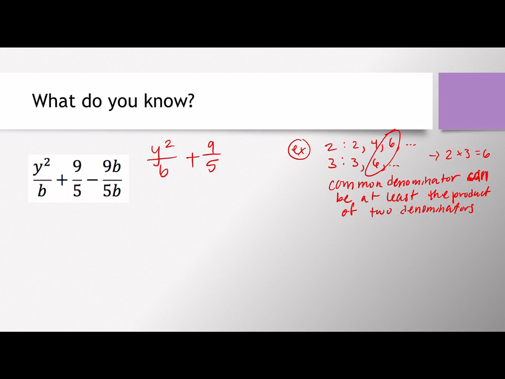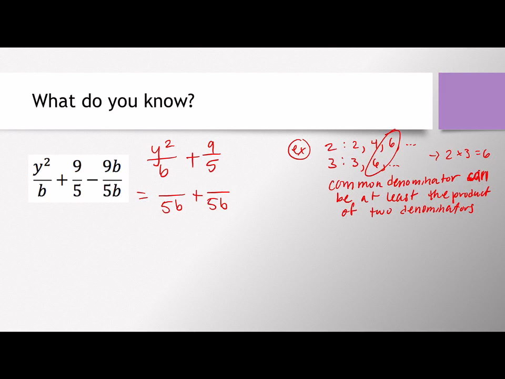So we're going to get a common denominator in this problem. We need to put everything under the product of the two numbers. And I'm doing 5 times b instead of b times 5, because it's traditional to put the number first and then the variable second in the way we structure our algebraic terms. So we have two fractions that have 5b as the denominator.